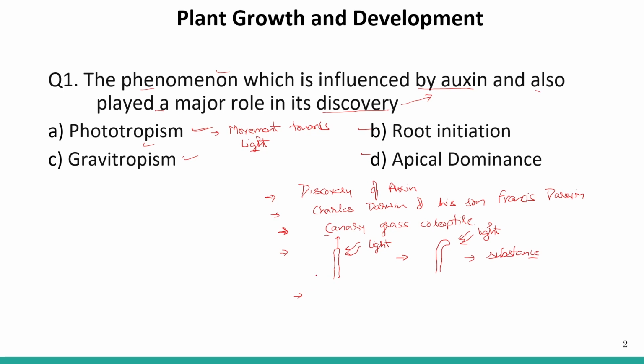Then, suppose this is A, next they covered the tip of the coleoptile with a metal foil. Again, if this is a canary grass coleoptile, they covered the tip here with a metal foil.